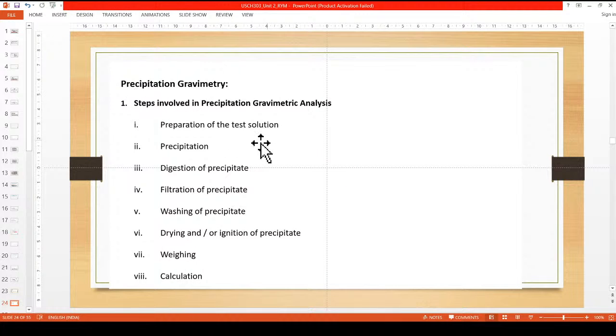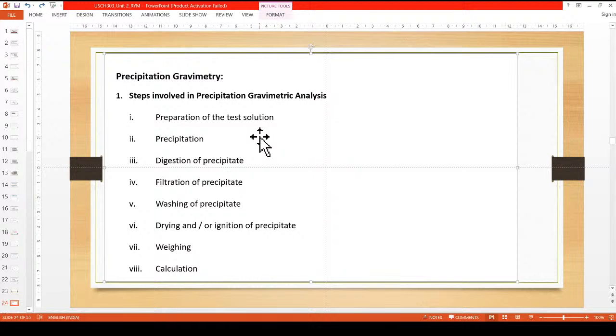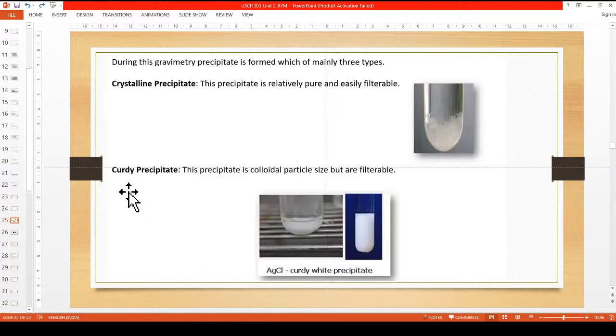According to the steps involved, first we prepare the test solution. After preparing the test solution, we precipitate our metal in some form, and then we digest that precipitate. After digestion, you filter that solution, then washing, drying, weighing. So these are the steps involved; remember the correct sequence.